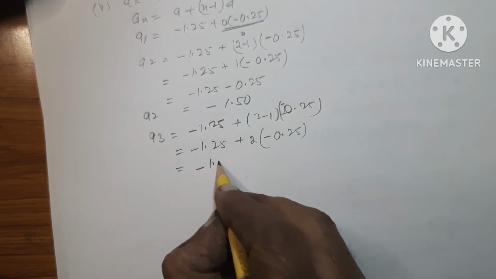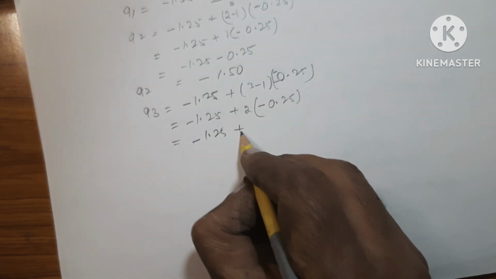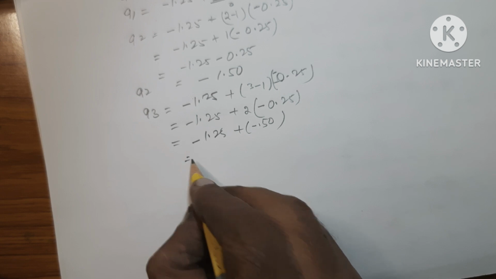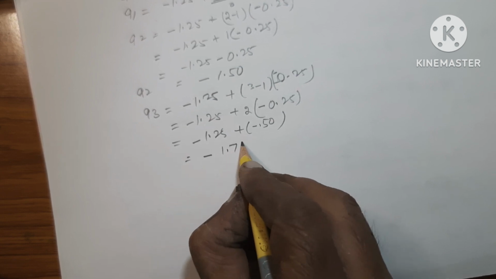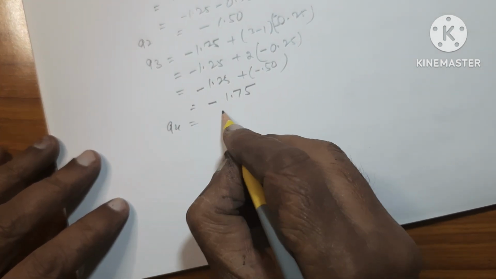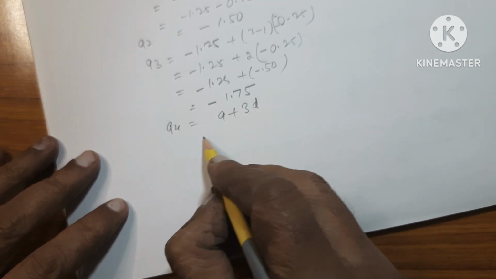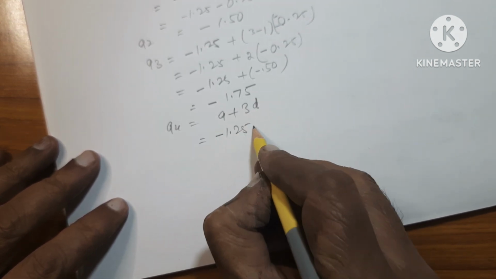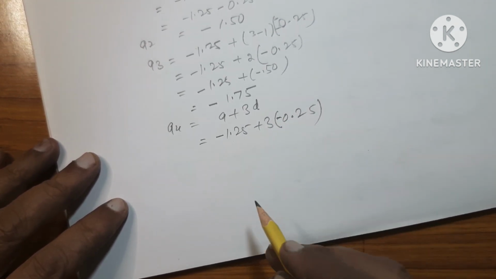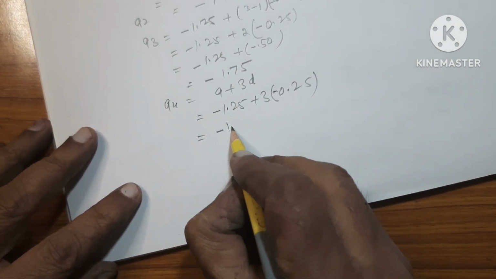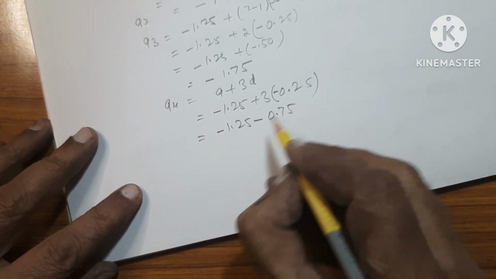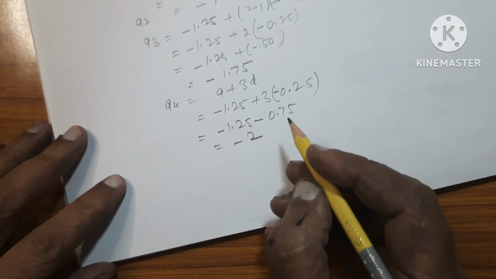This is minus 1.25 plus minus 0.50, which is equal to minus 1.75. a4 will be A plus 3D. It is minus 1.25 plus 3 into minus 0.25, which is equal to minus 1.25 minus 0.75, equal to minus 2. So these are the four terms.